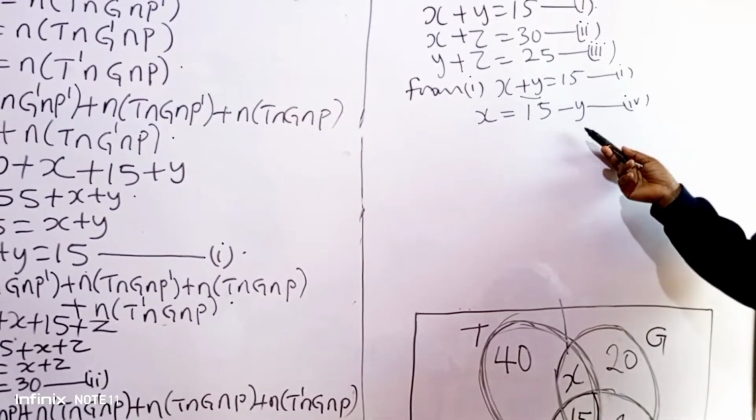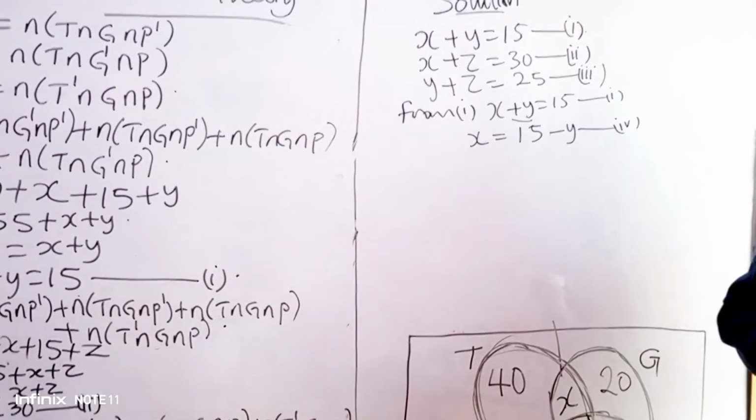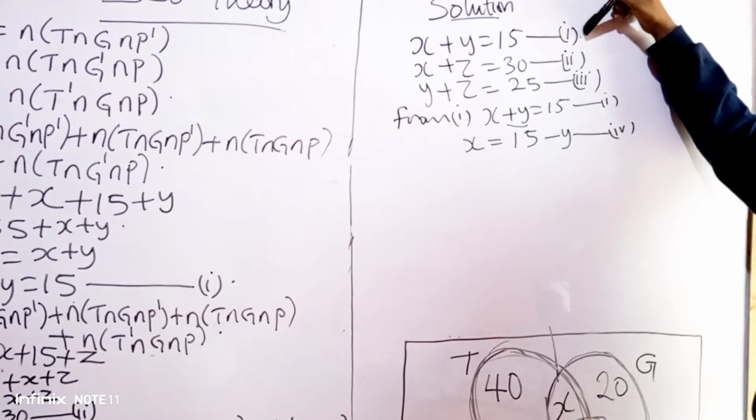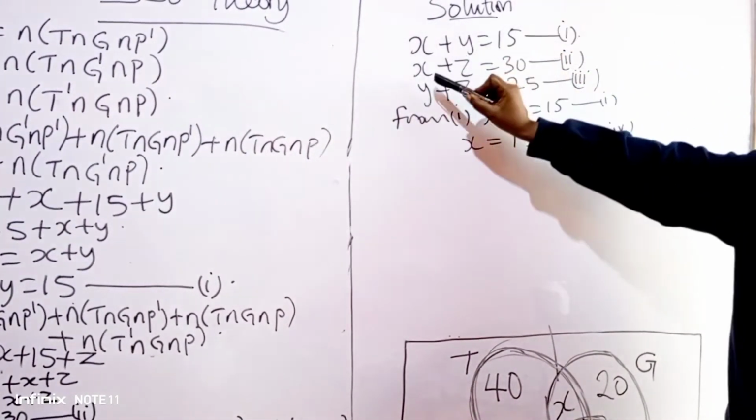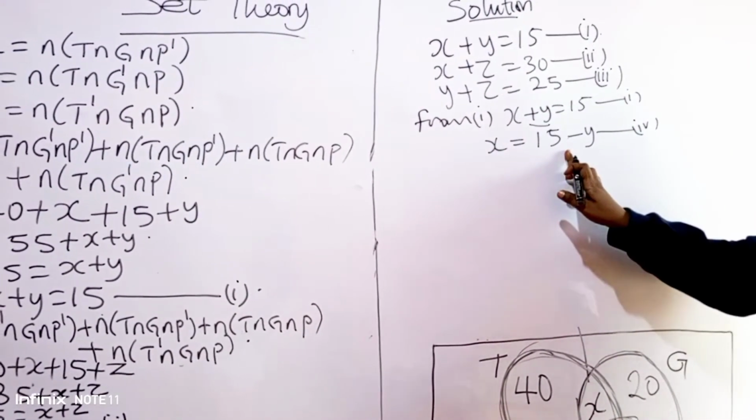Now we go and look for where we can see x apart from equation 1. We can see x in equation 2, right? So let's put equation 4 there.